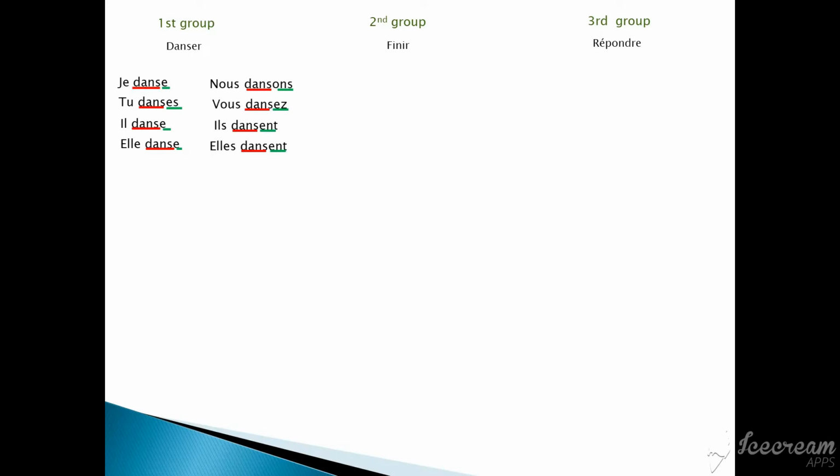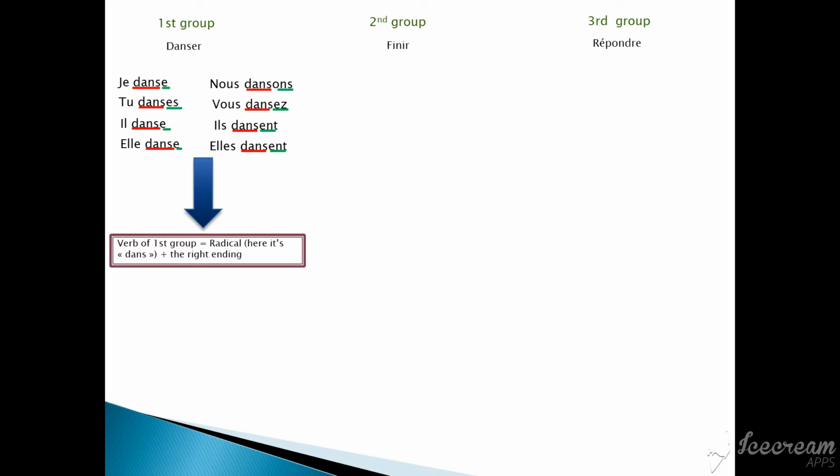So, rule number 1, to use verbs of the first group in the present, you should keep the radical of the verb, remove the er, and add instead the appropriate ending for each subject pronoun. And for the ending, it does not change.